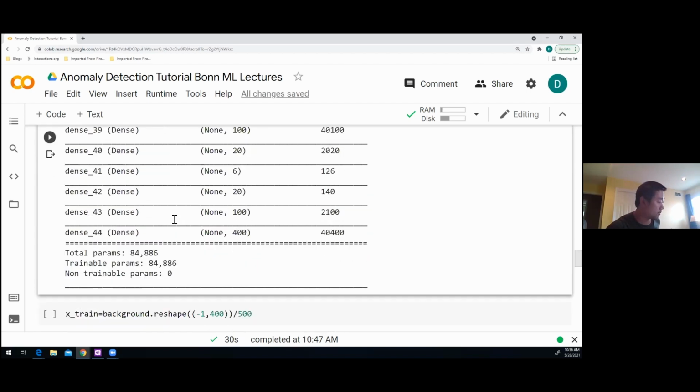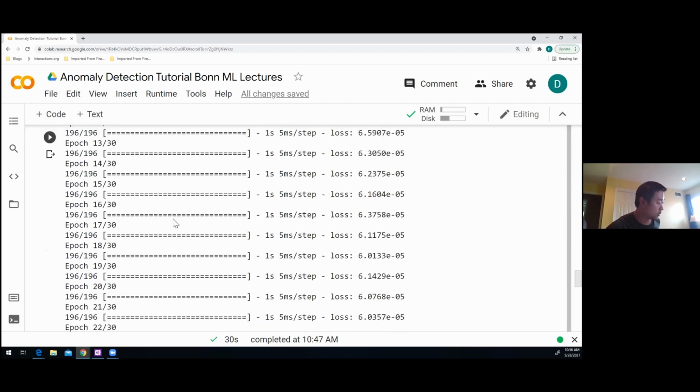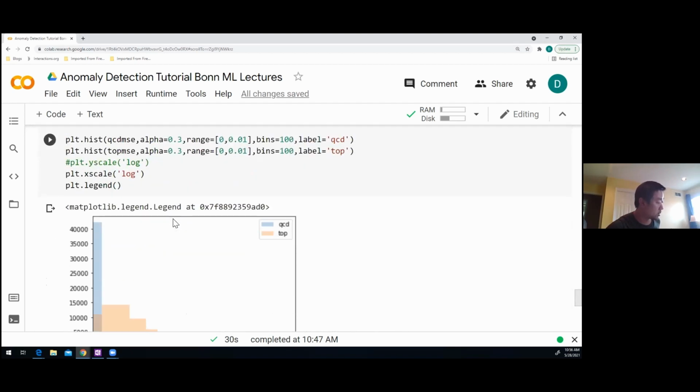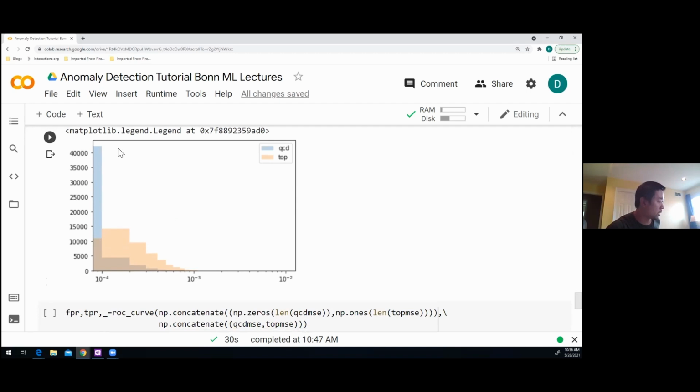And then you don't expect this performance to be as good. On the other hand, it will never perfectly reconstruct the background. So there will always be some anomaly detection performance. It's not going to completely go away necessarily. That is, this thing will scale to 0, but it won't be exactly 0. So some of it is just a rescaling. Okay.